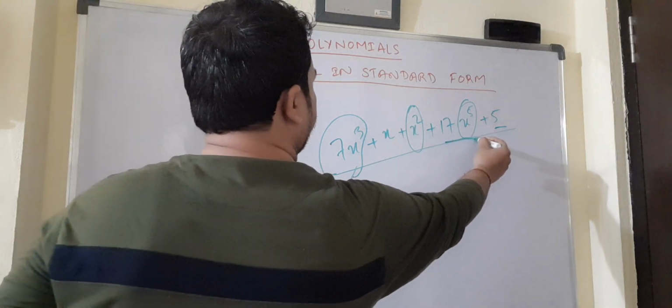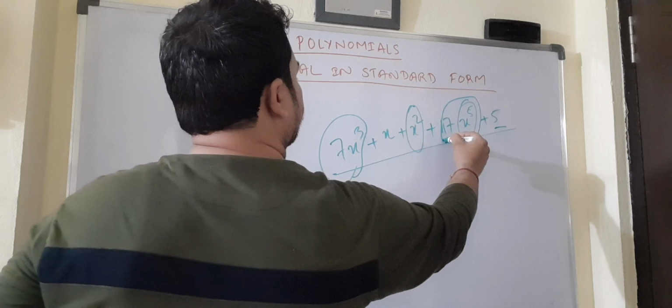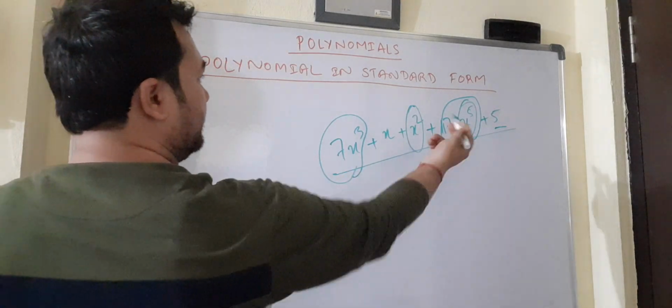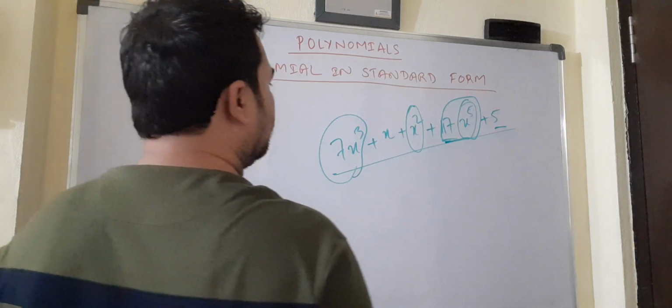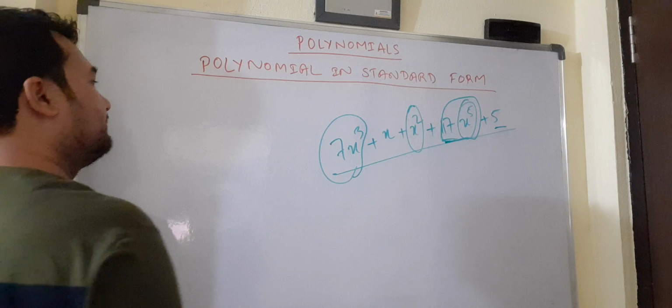here it is 17x to the power 5. So if we give priority to this, because it is the term having the highest power of variable, that is 5.